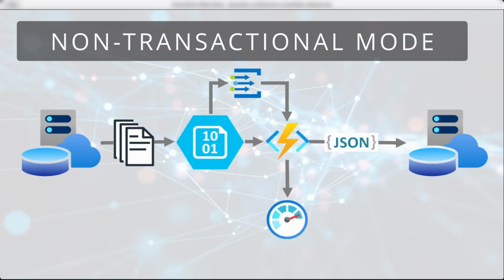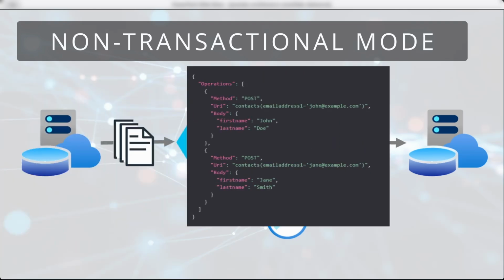Here's an example of what a bulk API request might look like for Dataverse. In this example, we are sending 2 records to the Dataverse contacts table. If a record with the email john@example.com already exists, it will be updated. If not, a new record will be created.